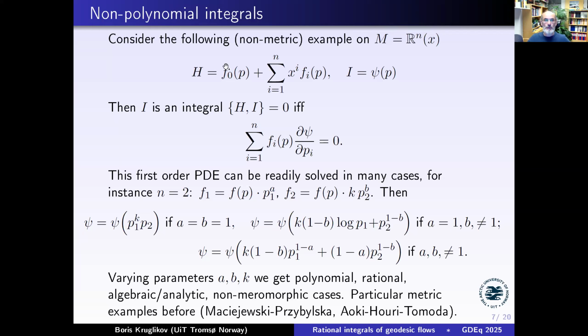Okay, so why I also mentioned these other things: it's sometimes good to look for polynomial integrals, but they may not be enough. So of course there are nice cases when everything is polynomially integrable. But for instance, some years ago, recently, there was interest in so-called conformal geodesics. Conformal geodesics is not a Hamiltonian system. It is not second but third order.